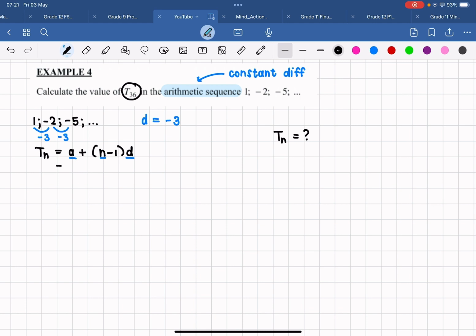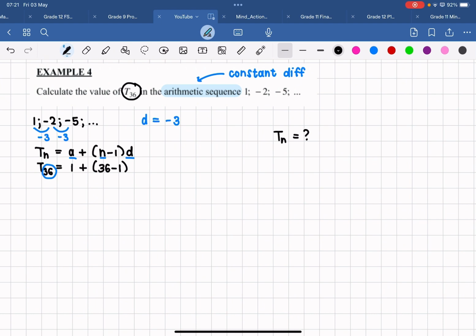So what we can do here is, when we are looking at the number pattern, we can see that the first term is 1 plus (n minus 1). Remember, we are calculating term 36. Let me just write that. And in this case, our n value is in fact 36. So I am going to sub in 36 minus 1.